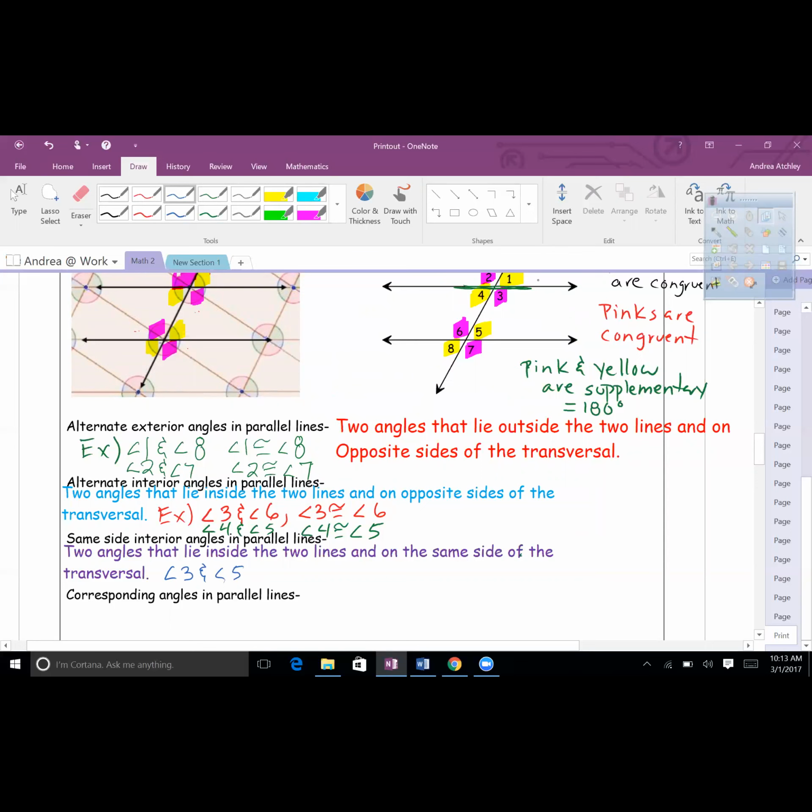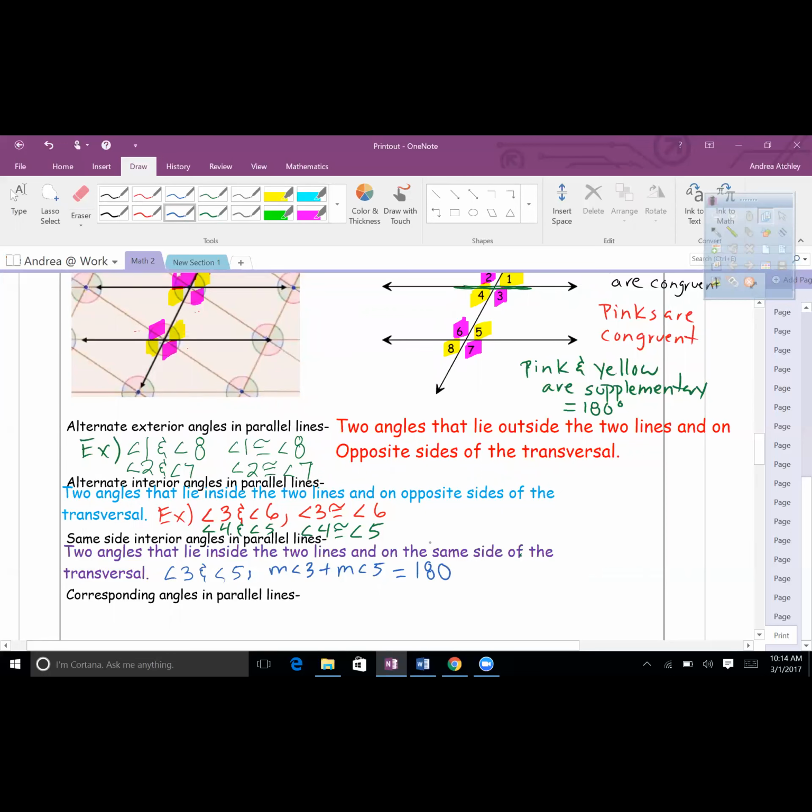Now notice 3 and 5 are a pink and a yellow. So they're not congruent to each other, they are supplementary. Pink and yellow are supplementary. That means they add to 180. So the measure of angle 3 plus the measure of angle 5 equals 180.